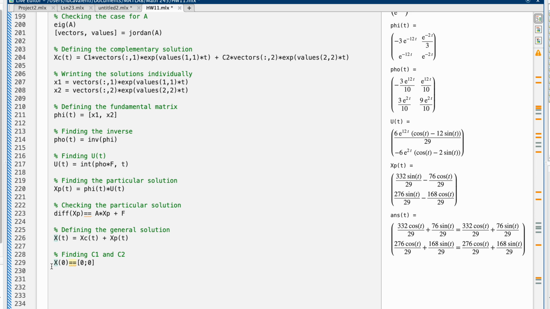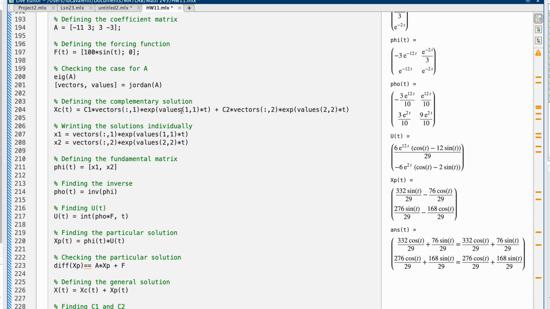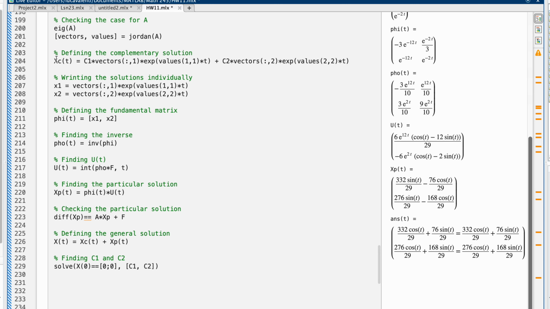Now we put this into the solve function with a comma, telling it what we want to solve for, which is C1 and C2, which we know are in there because they're right here. And we just took this and we put it over here to define this function.